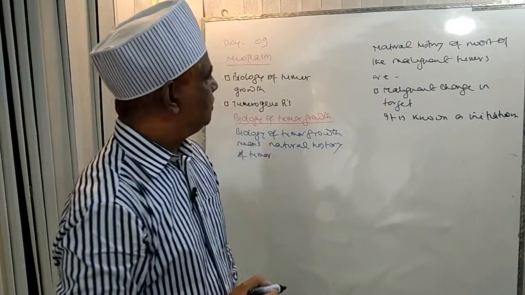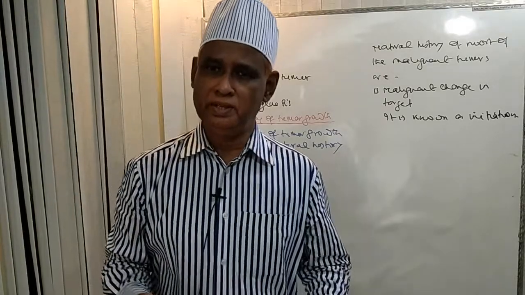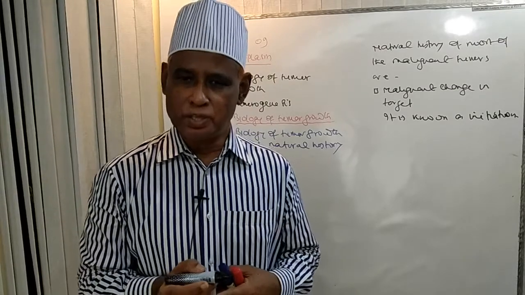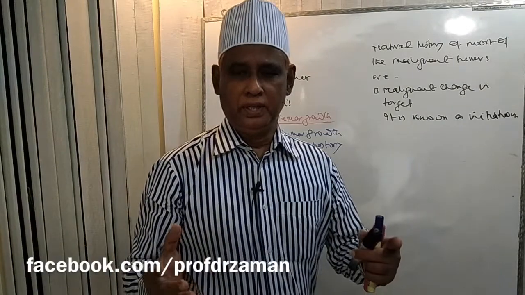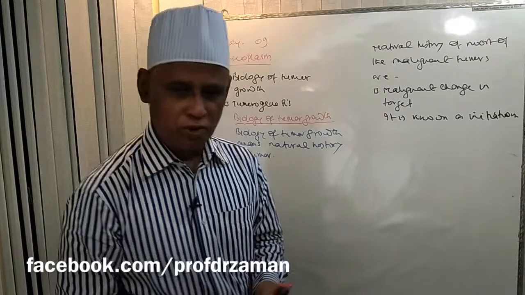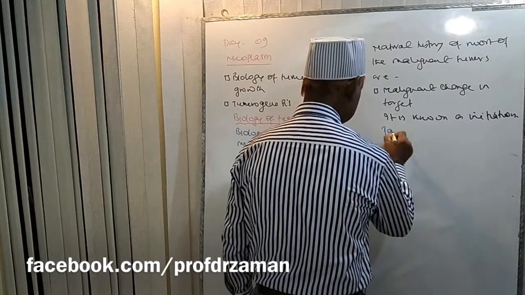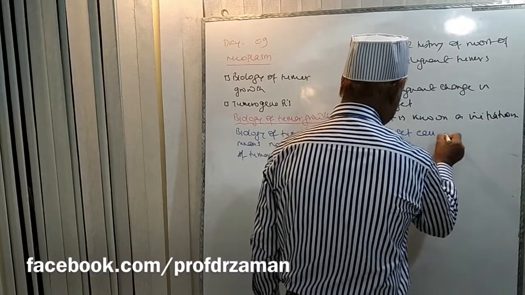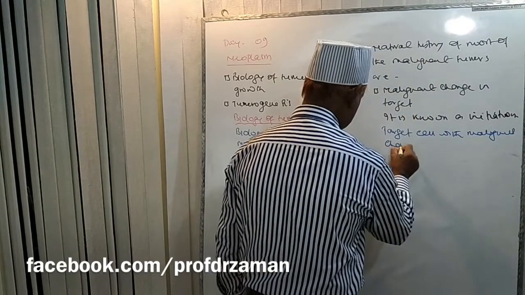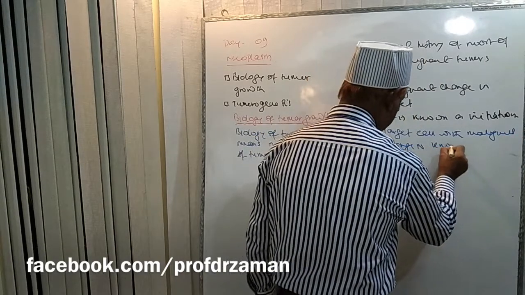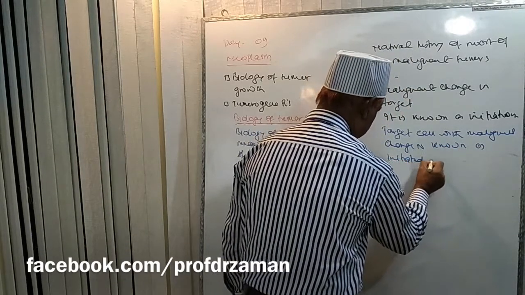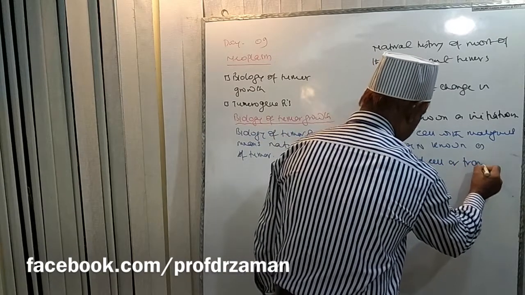And when there is malignant change in a target cell, this cell is known as initiated cell or transformed cell. So the target cell with malignant change is known as initiated cell or transformed cell.